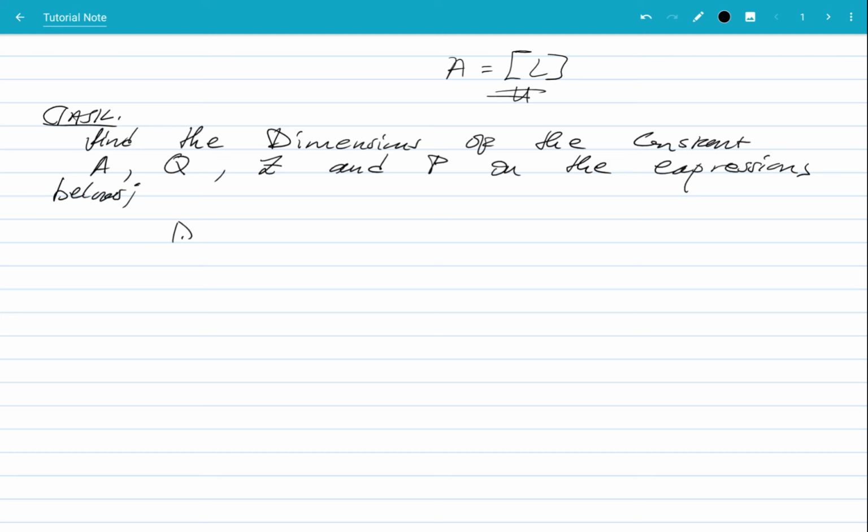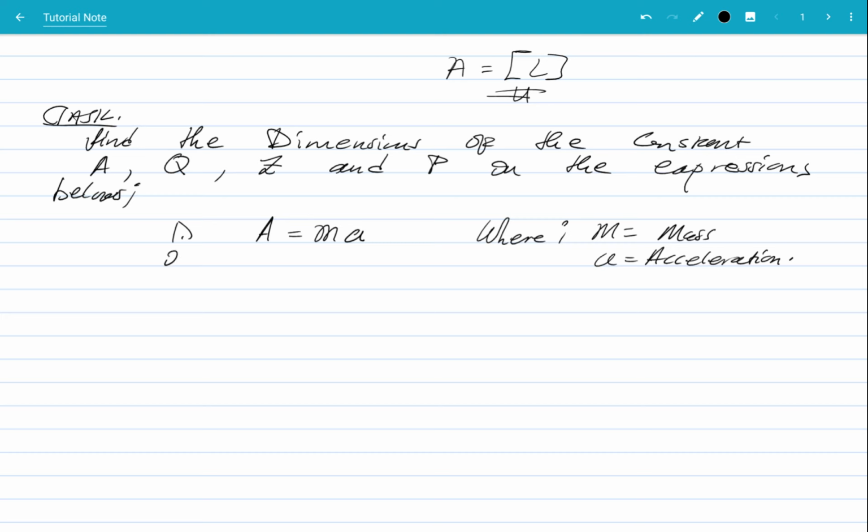So question 1, let's say you have A is equal to MA. So I'll give you hints where M is mass, A is acceleration.